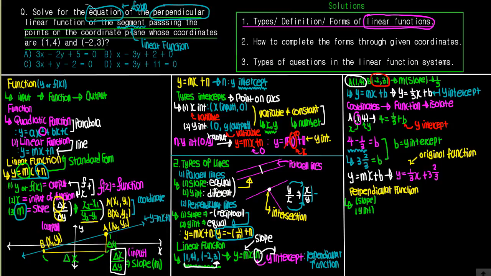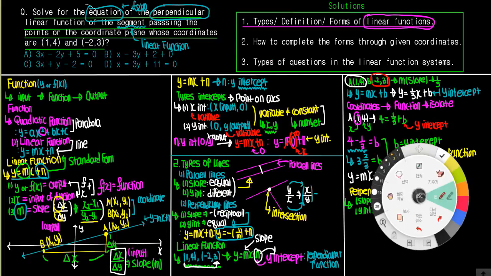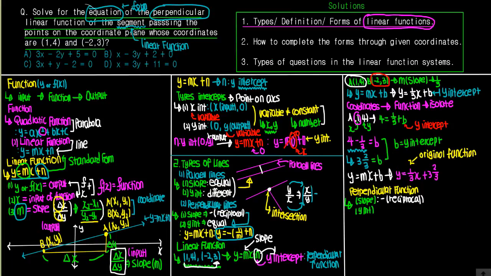According to its property, our slope should be the negative reciprocal, which means changing the position between the numerator and denominator. Our y-intercept will be exactly equivalent.